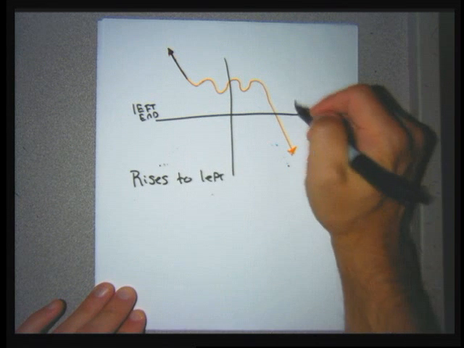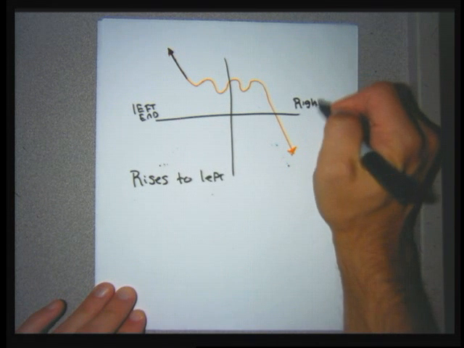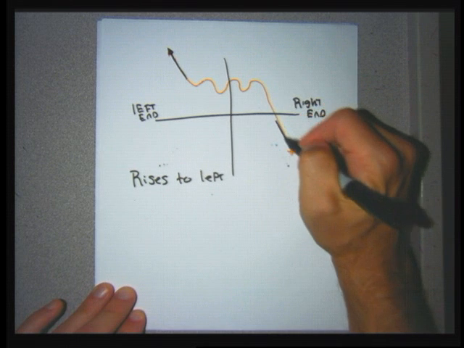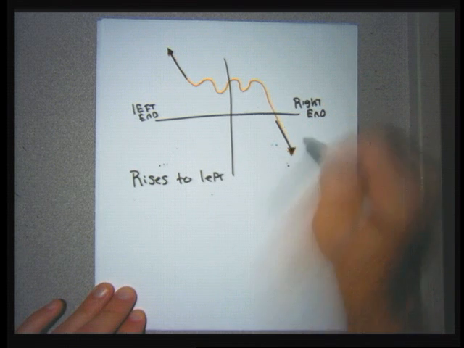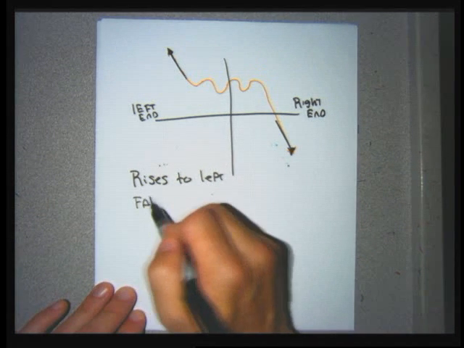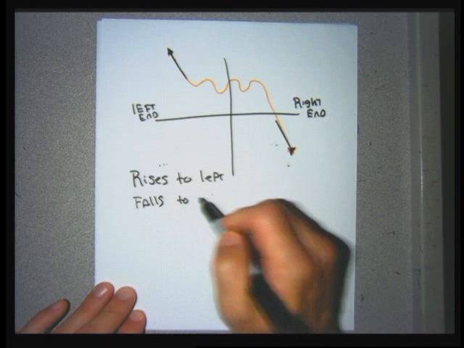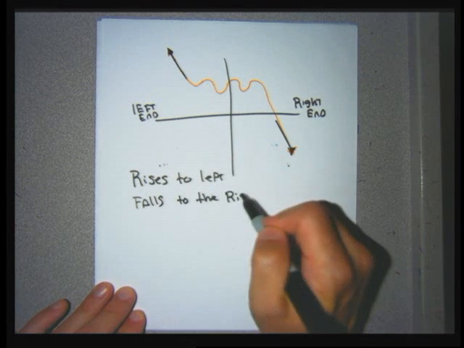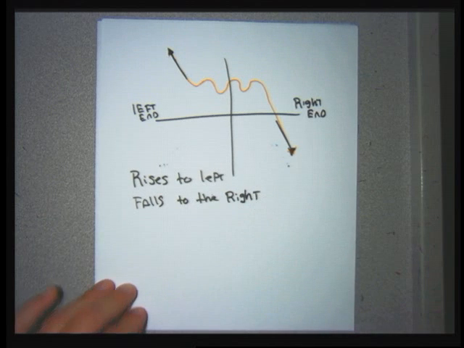And then if I had to trace to the right end of the graph, this graph is going down, so I'd say it falls to the right. I'm getting progressively lazier, including fewer and fewer words, but it still has the same meaning.